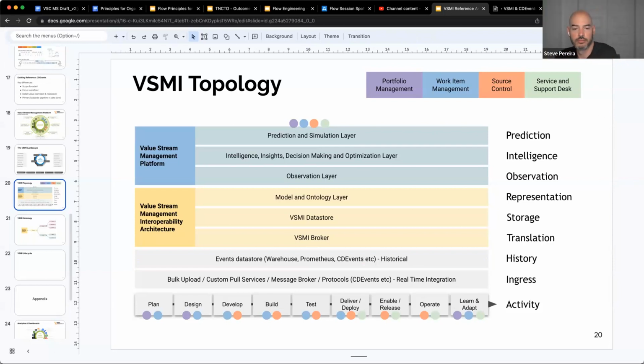Okay, that's great. I definitely see a real-time opportunity here, because I think that if you're processing real-time events combined with a prediction and simulation layer, or even just an intelligence layer, you could say that based on certain things happening, they put your timeline or your estimated delivery capacity or performance at risk.